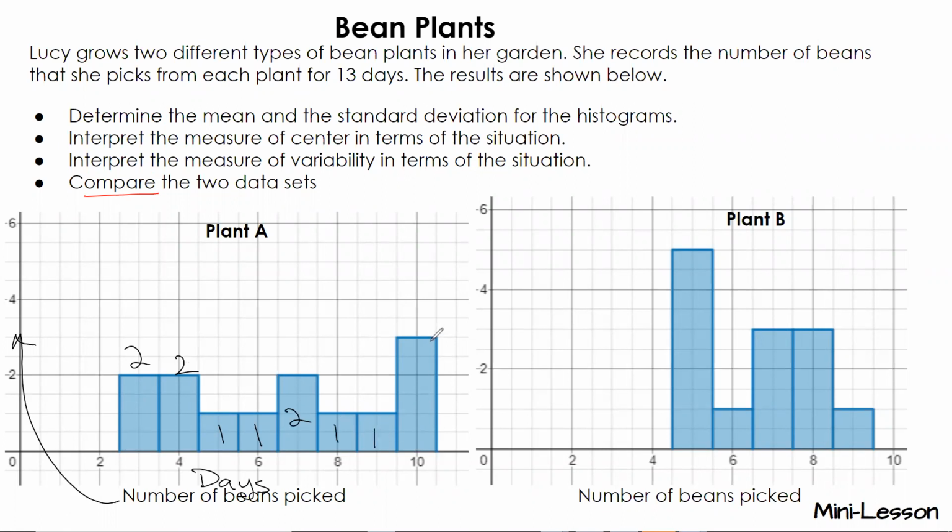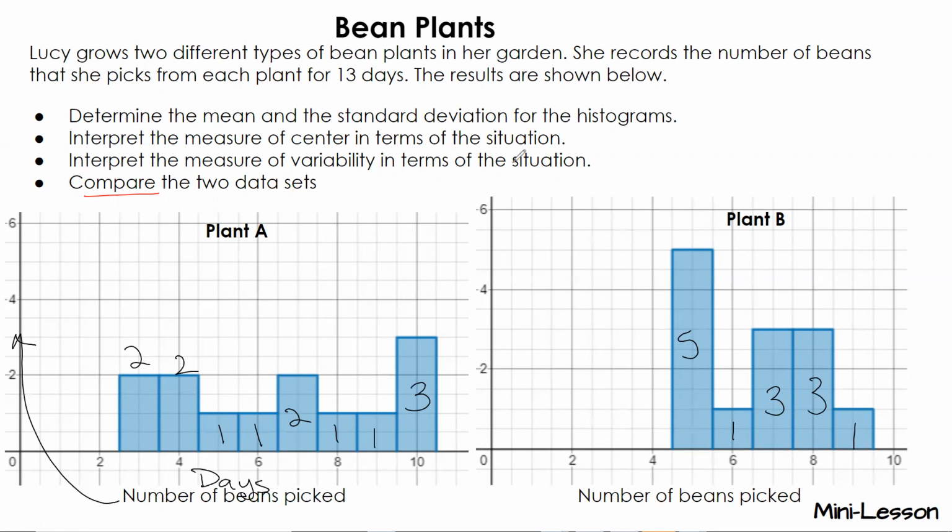And on day 10, she picked 3. It's a weird histogram. All right, over here, on day 5, she picked 5. On day 6, she picked 1. On day 7, she picked 3. Day 8, she picked 3. Day 9, she picked 1. Yeah, it's a little bit more spread out, right?